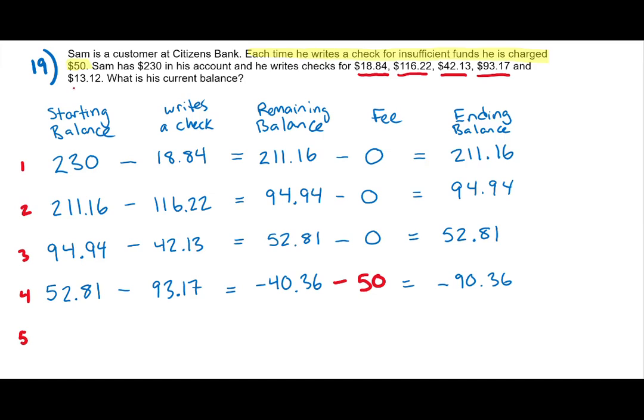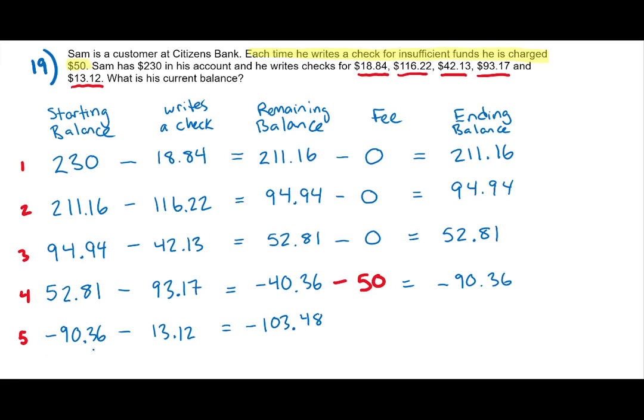And there's still one more check. Check number 5, so that's the $13.12. So he's starting with, before writing that 5th check, after the first 4, a balance of negative $90.36. Then he writes a check for $13.12. So his balance is now becoming more negative. So now he's at negative $103.48.